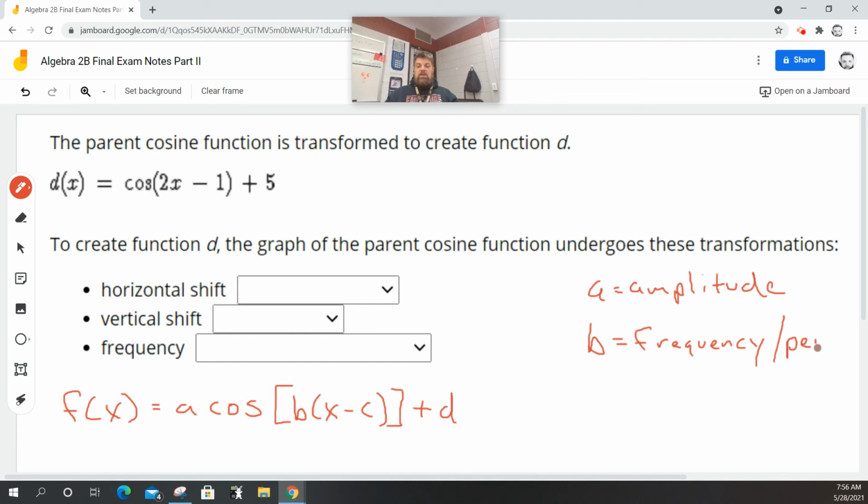If you change the period, then you impact the frequency. And then C is the horizontal shift. And D is the vertical shift.